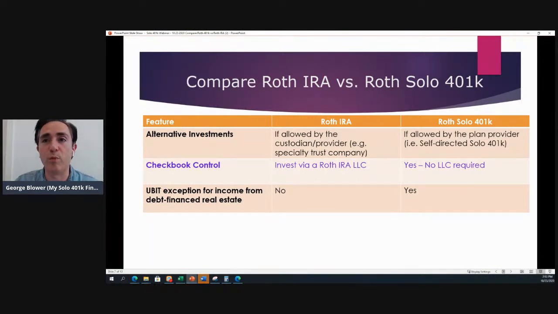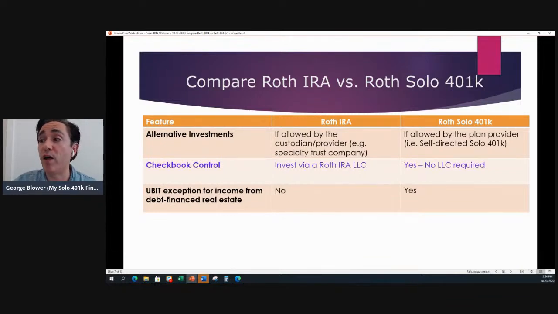Let's say it consists of your employee contribution. Let's just assume you're making it as a pre-tax contribution. If you have the self-employment income to justify it, in other words, your self-employment compensation is at least $57,000, then you could contribute the difference between what you contributed to the pre-tax account as an employee and employer.